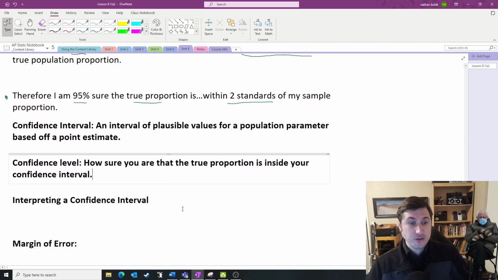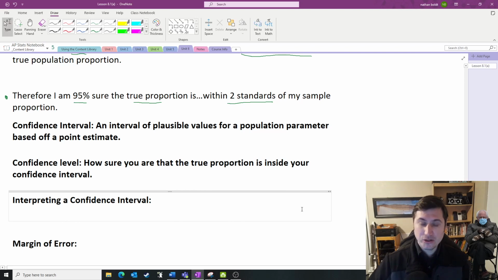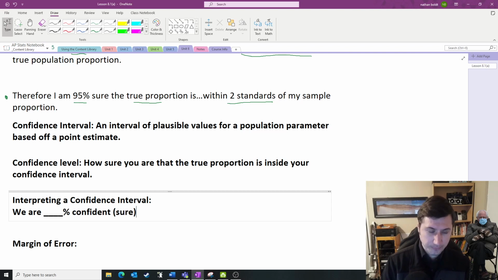All right. Interpreting a confidence interval. Yes, you got to write a sentence. All right. So the sentence frame you are going to want to be able to replicate is, we are blank % confident. You can use the word sure also. All right.